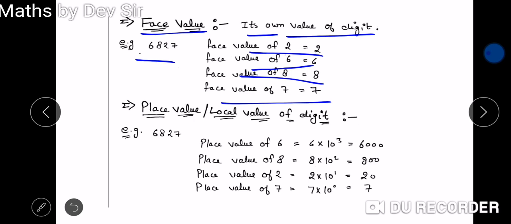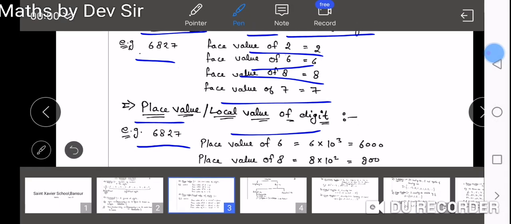Next is place value of a digit, or we can say local value of a digit. Same number I have written, 6827. In this, 7 is at the place of one's digit. 7 is at one's place, then its place value, how we will find out? 7 multiply 1, or we can write 7 only directly.